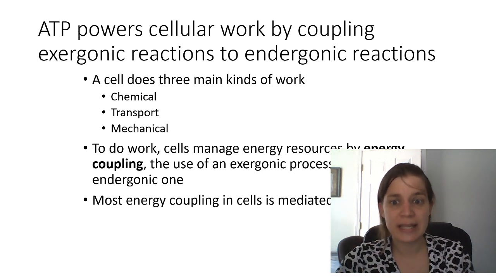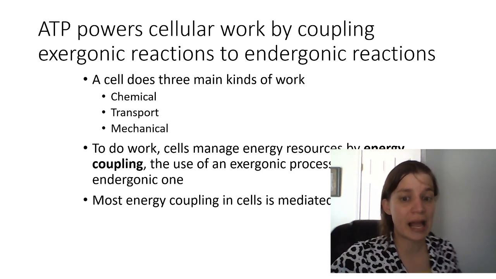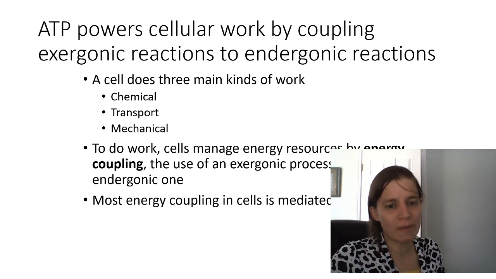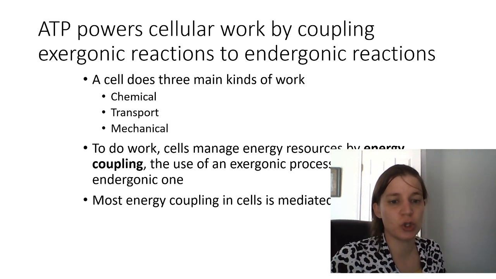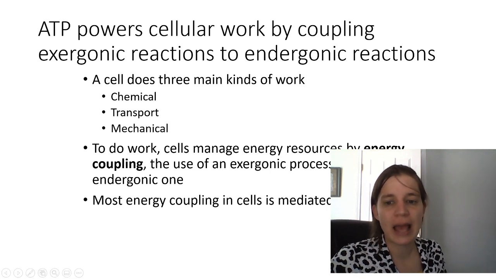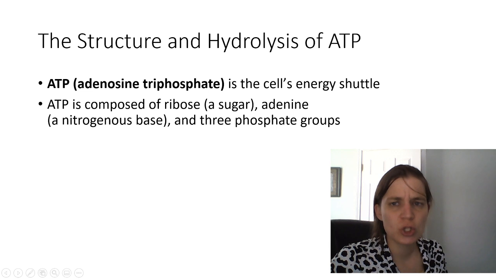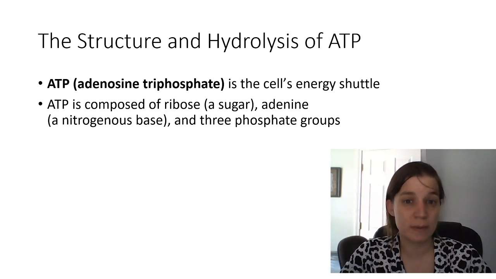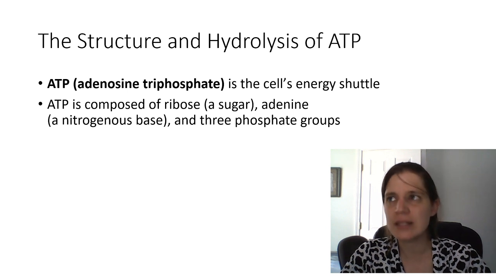Now, to do all these things, the cells are going to need energy, and typically the form of energy the cell's going to be using is held by the molecule ATP. So I think a lot of people have heard of ATP. Often sports people have heard of ATP. The cell uses it.